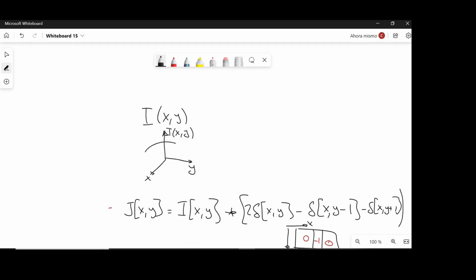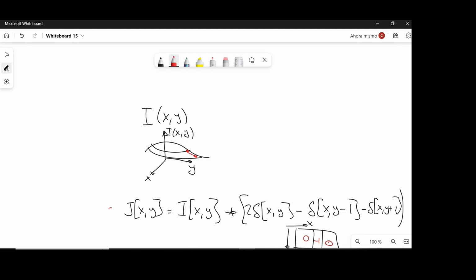So it is a surface that for every x and y gives you the height, or the intensity, of the image at that point. Then you can compute the gradient. The gradient is the direction in which the function changes most quickly.